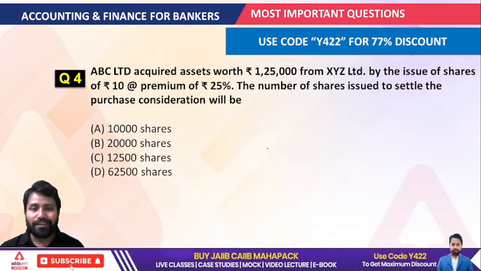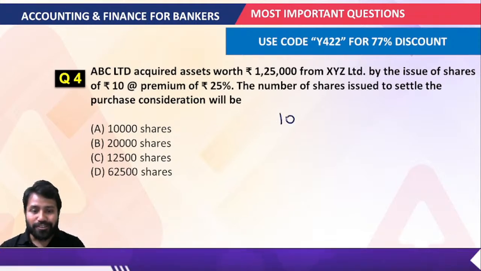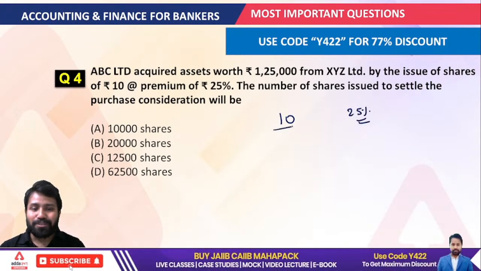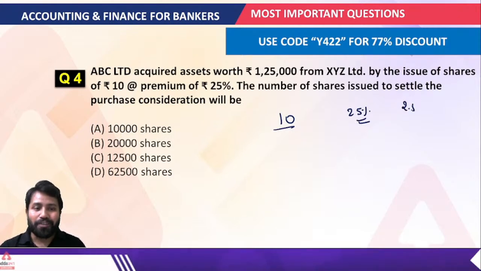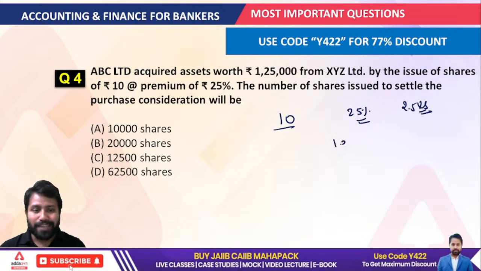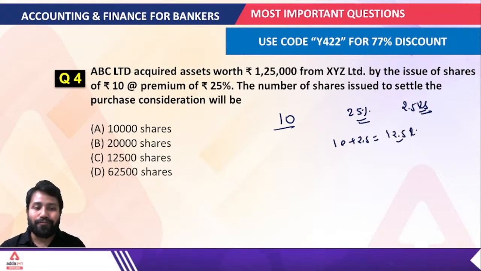Whenever the face value of the share is given as 10 and the premium as 25%, tell me, what is 25% of 10? Definitely you will say 2.5 rupees, right? So the total value of one share is 10 plus 2.5, which becomes 12.5 rupees, right?